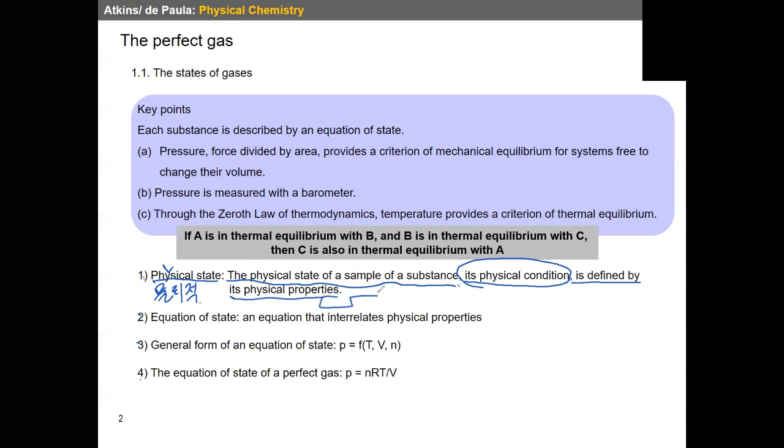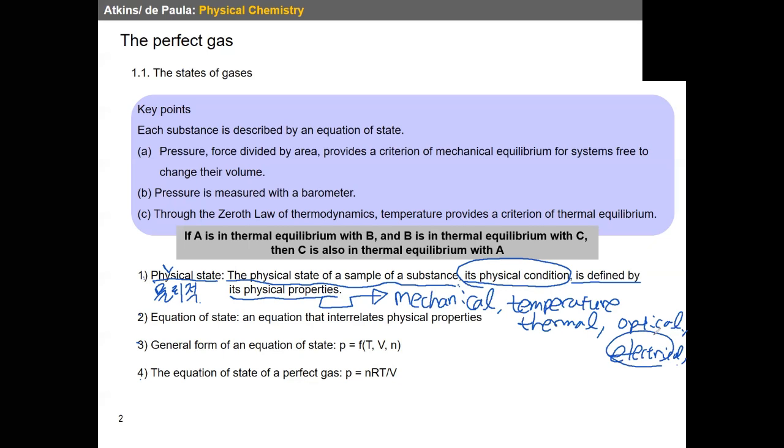Physical properties are related to mechanical properties, temperature, which means thermal properties, optical properties, and electrical properties. All the properties related to some kind of motion of a substance are called physical properties, and the physical state is defined by these physical properties.